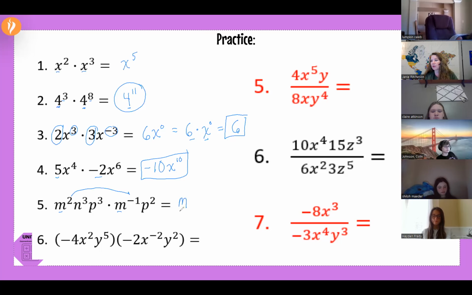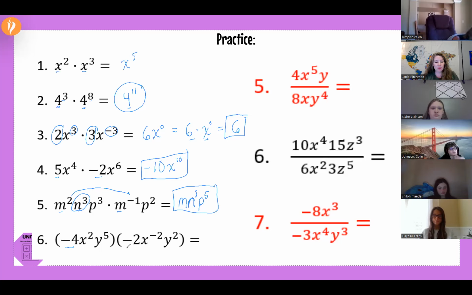Well, m to the first power is just m, right? And then we have our n's. There's only one n on the left side. There's nothing to combine it with. So part of our answer is n to the third. And then we add those exponents that belong to the base of p. So 2 plus 3 is 5. And that is the answer. N to the third, p to the fifth.